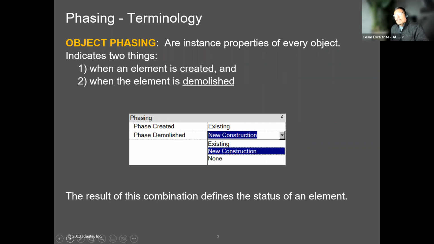When we create demolition plans or existing plans or new construction tenant improvement plans, we need to make sure that the objects that are existing to remain or existing to be demolished are correctly tagged or correctly labeled. Object phasing.